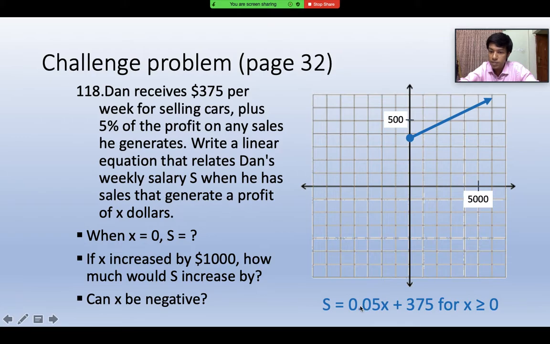So 5% means if you divide 5 by 100, then you get this. So this is how we actually convert some statement to some algebraic expression, equation, etc. This is an equation, and this is called modeling. Modeling means from a real life thing we write some equation. This is called a model, a mathematical model.